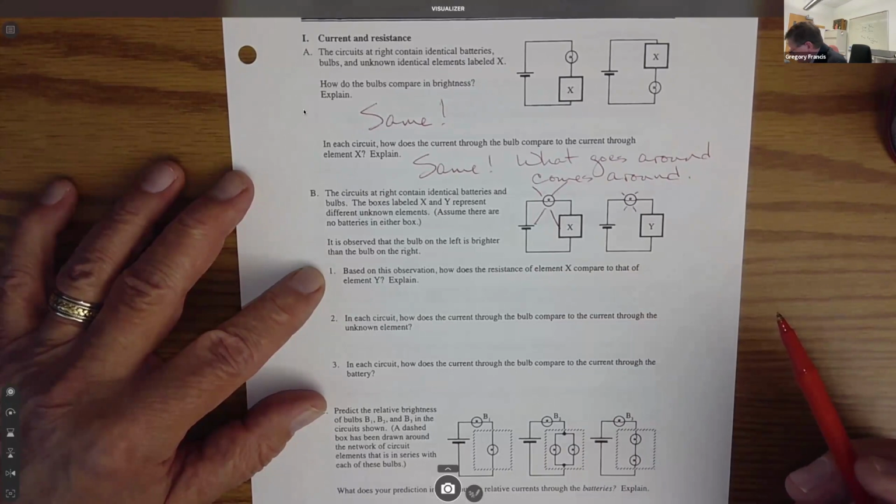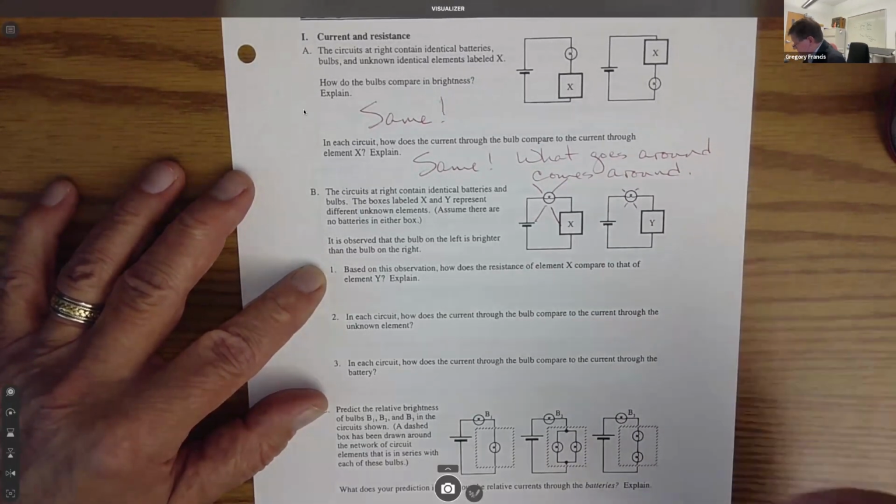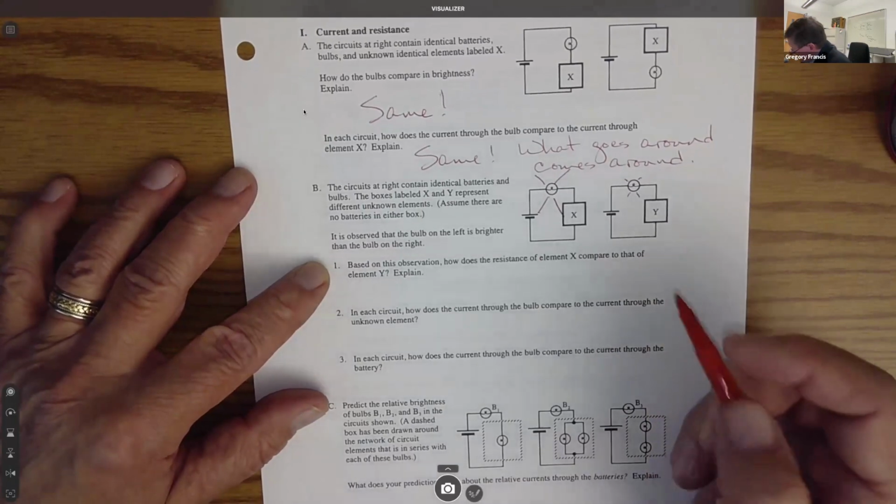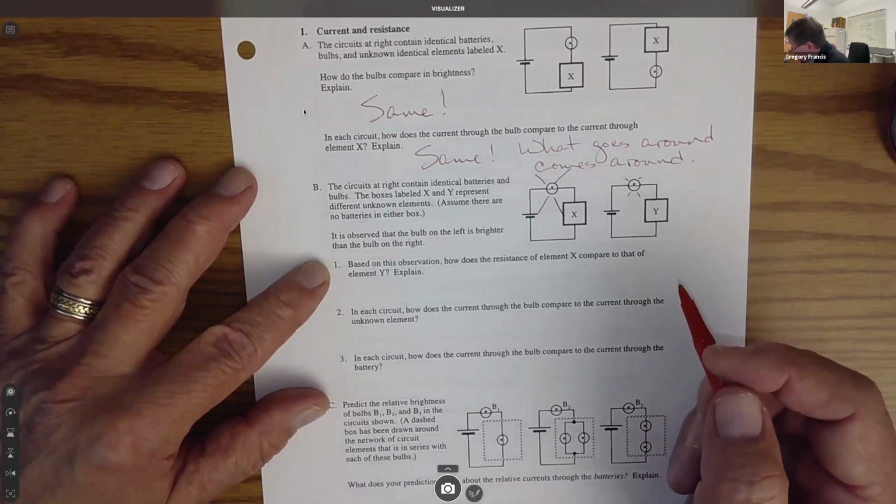And we found that when things are in series, the resistance of the circuit is the sum.